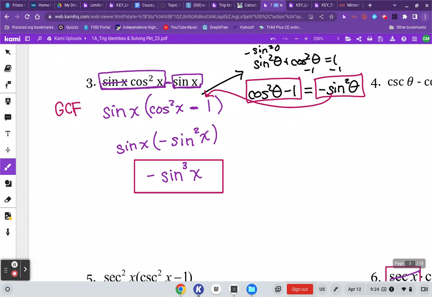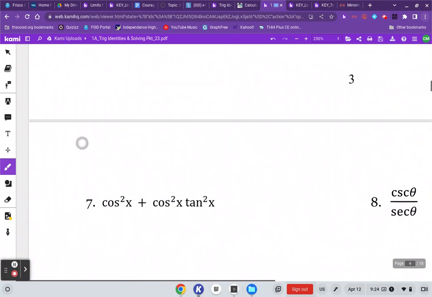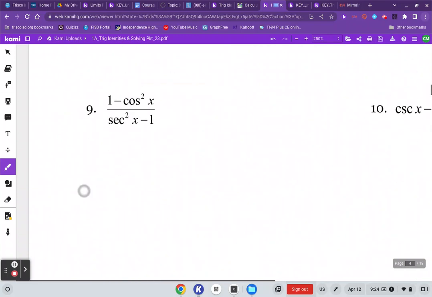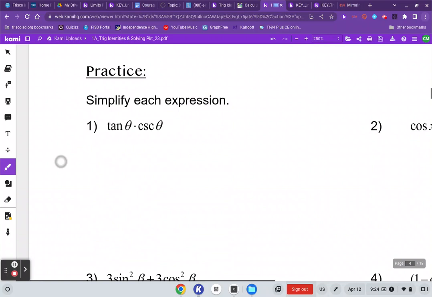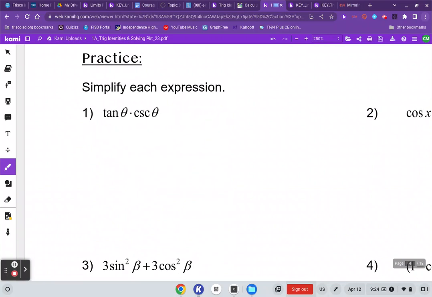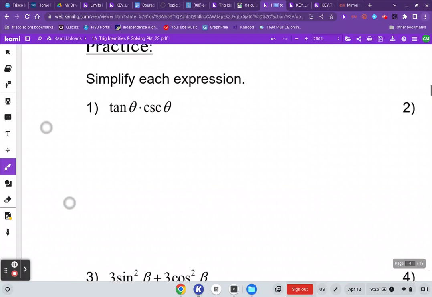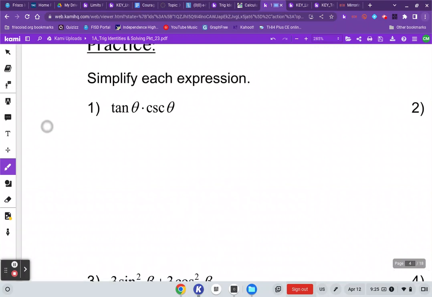All right, let me get you to try one. Let's flip over to page 4. I want to go all the way to this one here, underneath where it says practice number 1. I'd like for you to simplify this expression. It says tangent times cosecant.